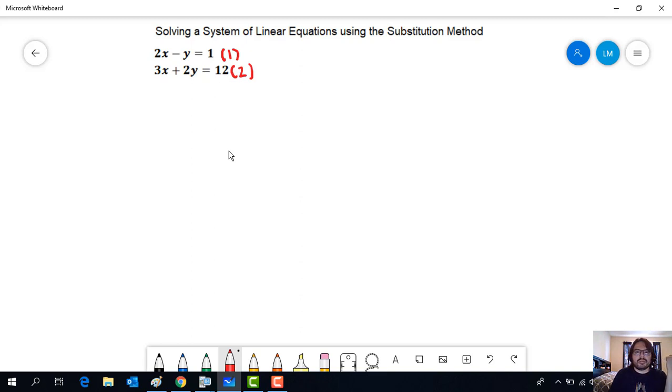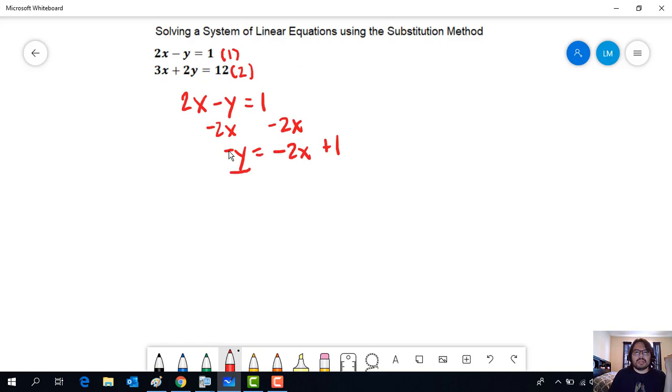So what we can do instead is just say that from 2x minus y equals 1, we're going to subtract 2x from both sides, and we're going to get negative y equals negative 2x plus 1. But notice that we have a negative 1 times y.